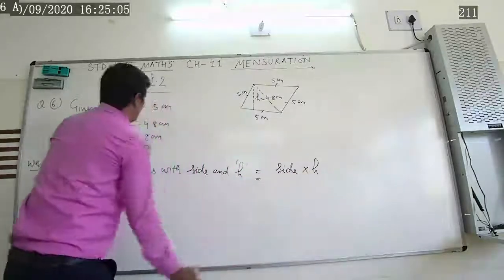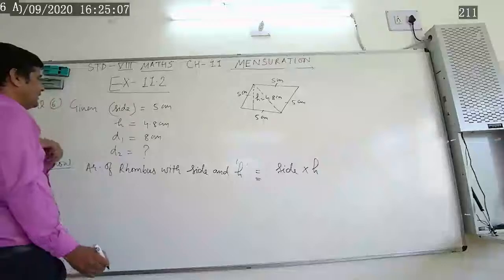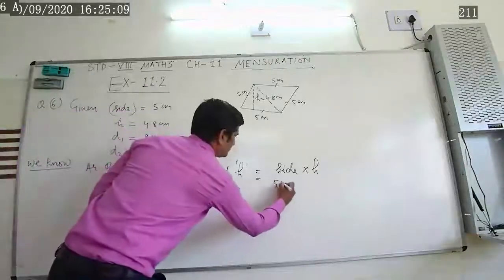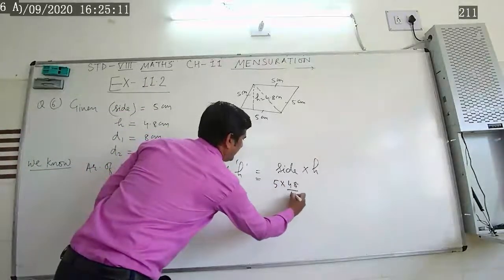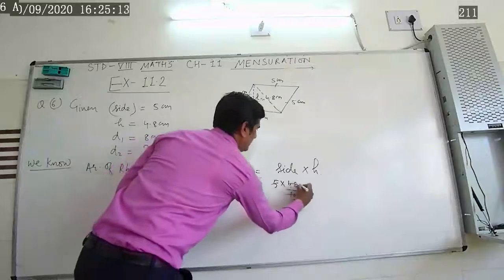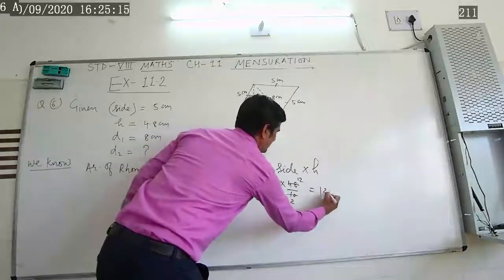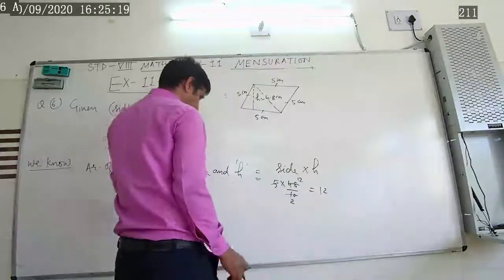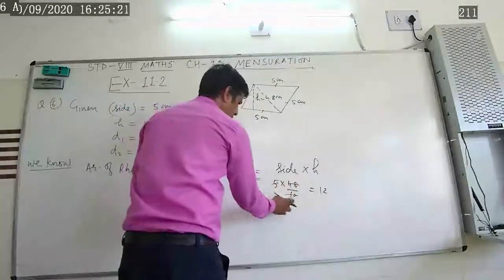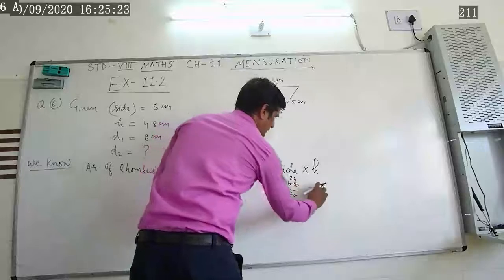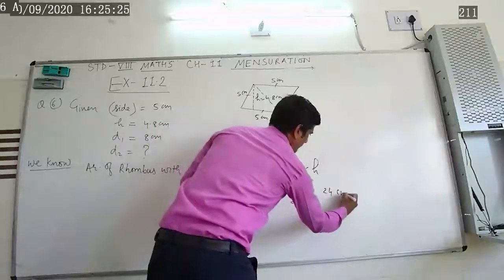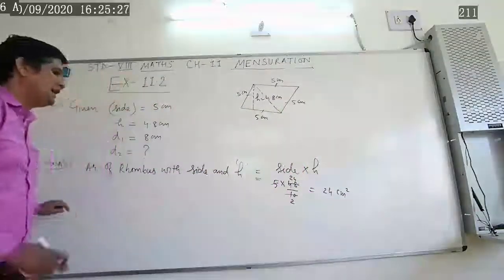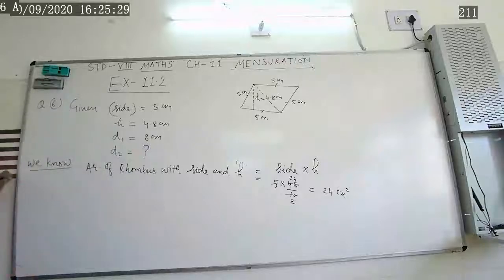So that will be 5 into 48 by 10, which is equal to 24 centimeter square, the area of the rhombus.